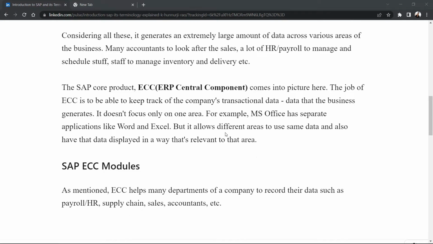Also, it doesn't focus on only one area, it focuses on multiple areas. The best example is like MS Office, which has separate apps like Word, Excel, and PowerPoint. But here, it allows different areas to use the same data, and that data is displayed in a way that is relevant to that area.